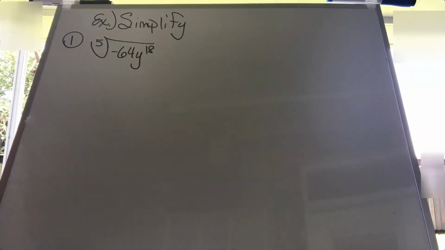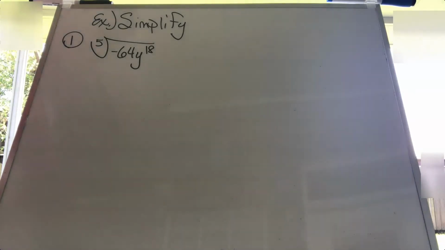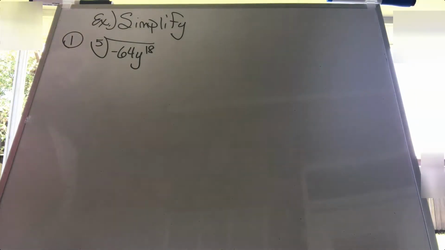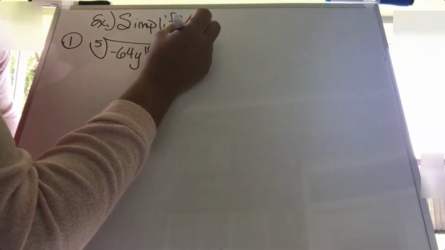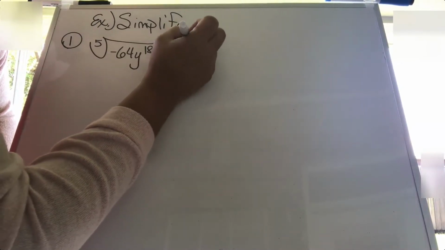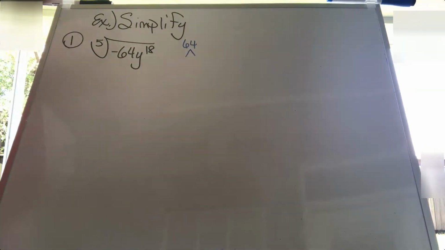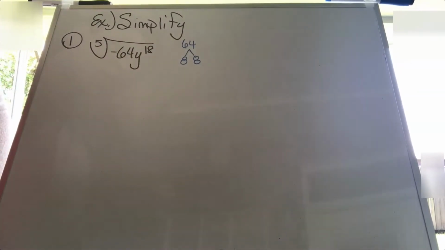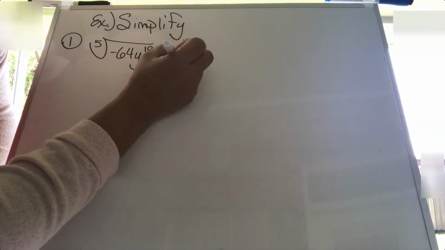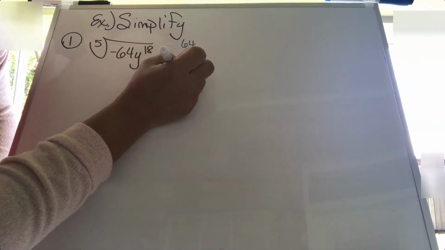So I need to try to break up my 64, so I can get something times itself 5 times. So let's start breaking our numbers up. 64, well, it's 8 times 8. And we know that each of those 8s will give us 3 2s because we just did that.